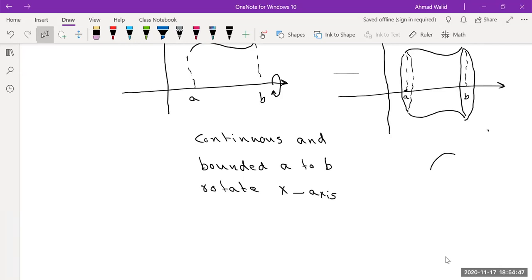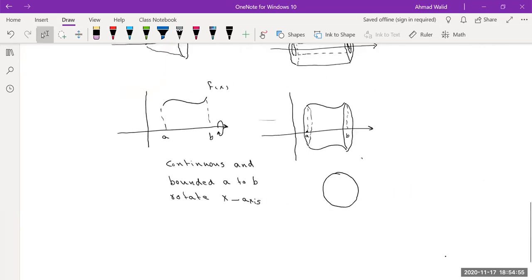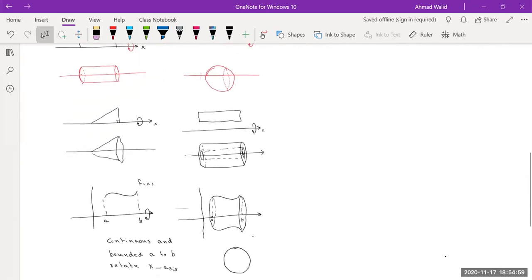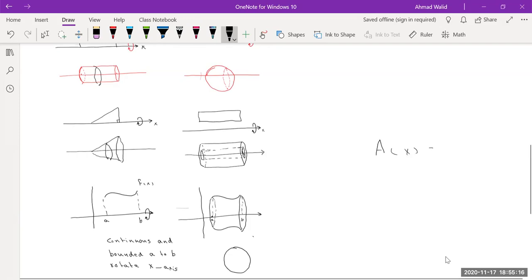The cross section of this function also gives you a circle. And all the shapes that I drew for you, look, now I zoom out a little bit. I know it gets smaller, but still you can see the cross section of all of these shapes gives you a circle. All of them, the cross section is what? A circle. And the surface area for a circle, the formula is pi r squared, right?